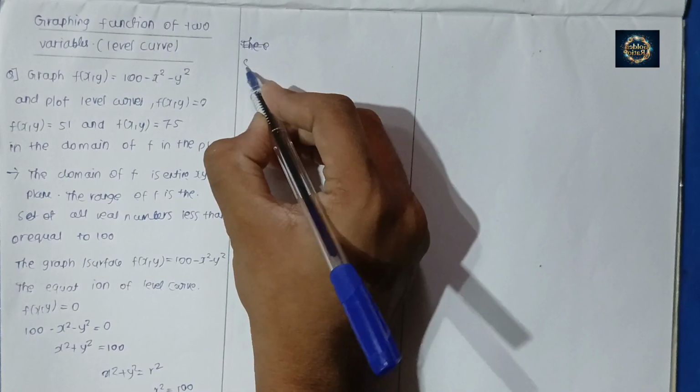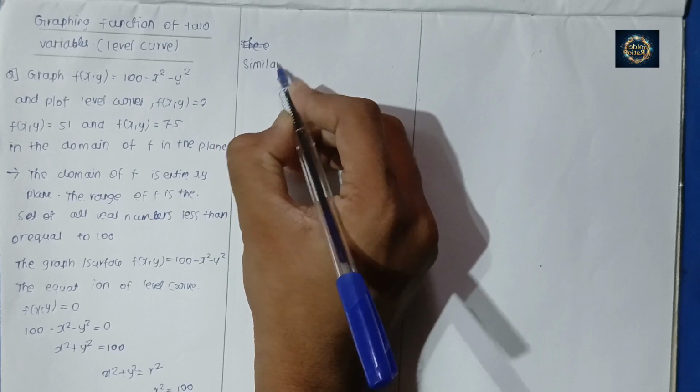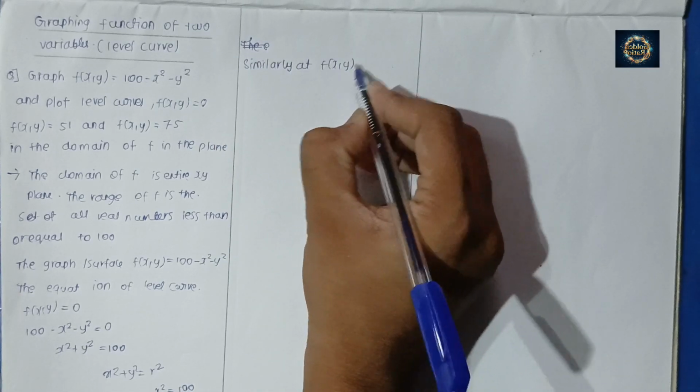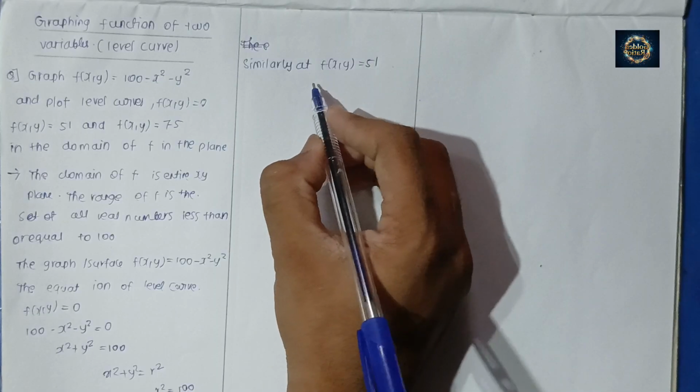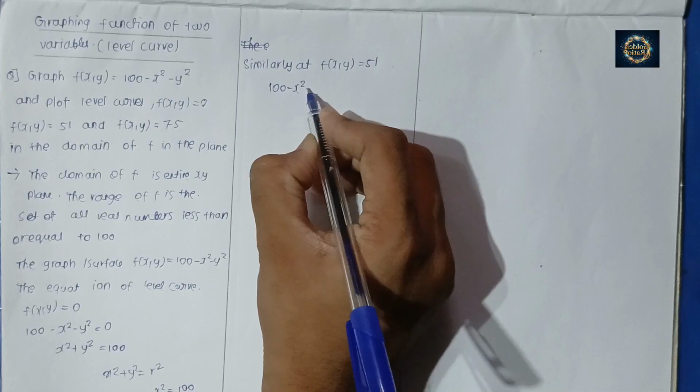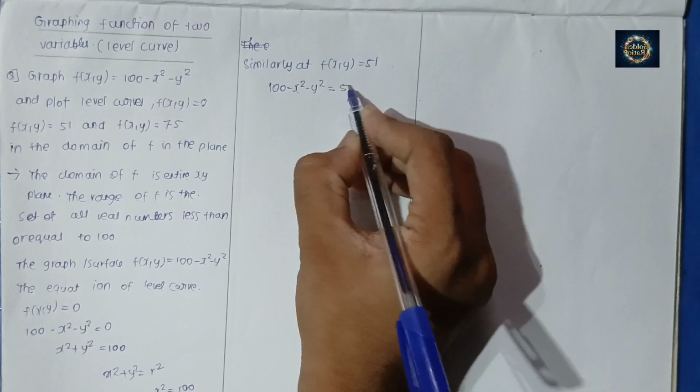Similarly, at f of x comma y equal to 51, we have 100 minus x square minus y square equal to 51.